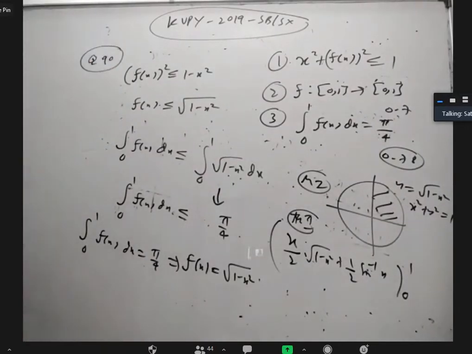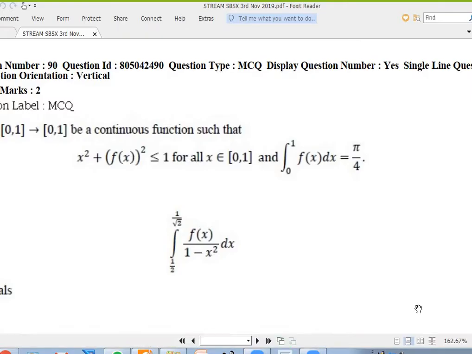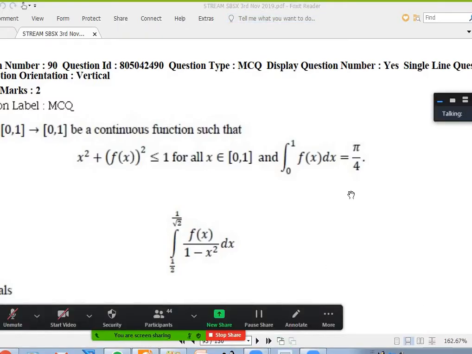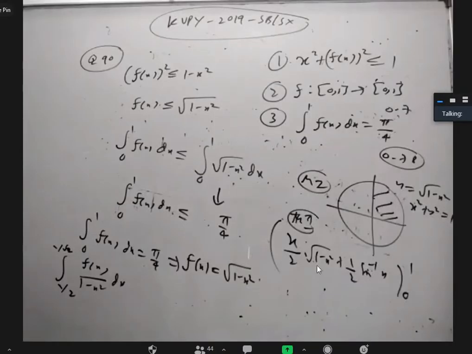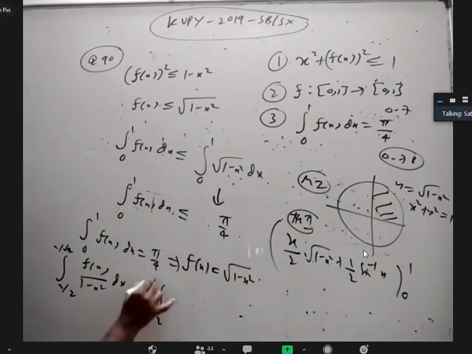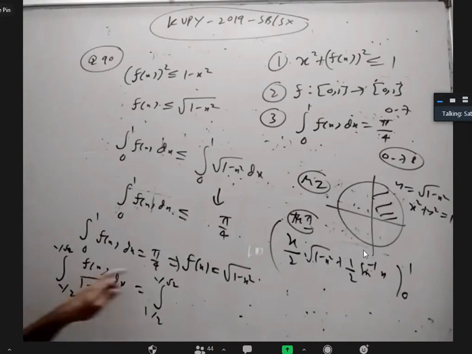Okay, once you got the function, now what is the question they wanted? They wanted integral 1 by 2 to 1 by root 2 of f of x by 1 minus x square dx. So that is integral 1 by 2 to 1 by root 2. F of x is root 1 minus x square substituted.